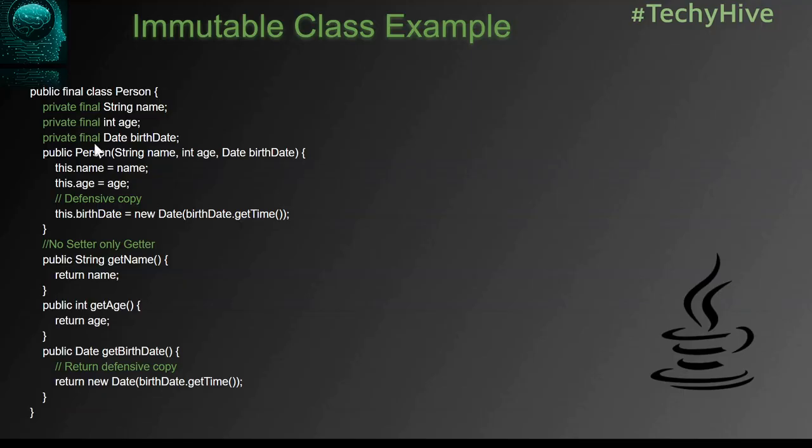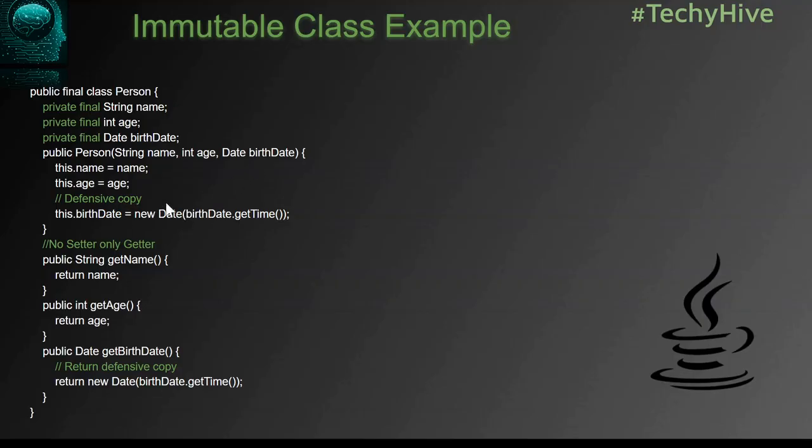And here you can see there is a public constructor. So through the constructor, we are assigning the fields of the class. And you can see here a defensive copy. So whatever we are passing to the constructor, here we are creating a new object from that date class.